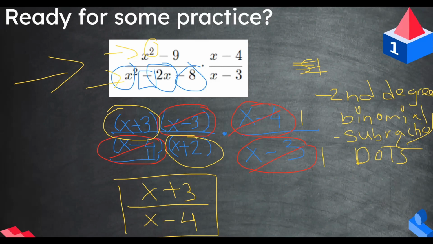You bring down the variable and then figure out 2 numbers that, if you add, you should get the coefficient of the middle term, and if you multiply, you should get the third number. That's how you do trinomial factoring.